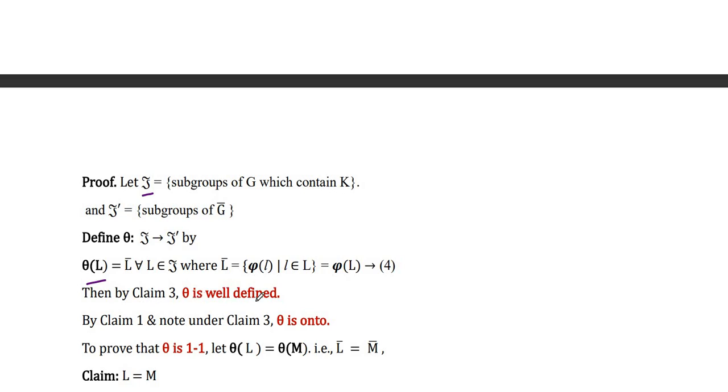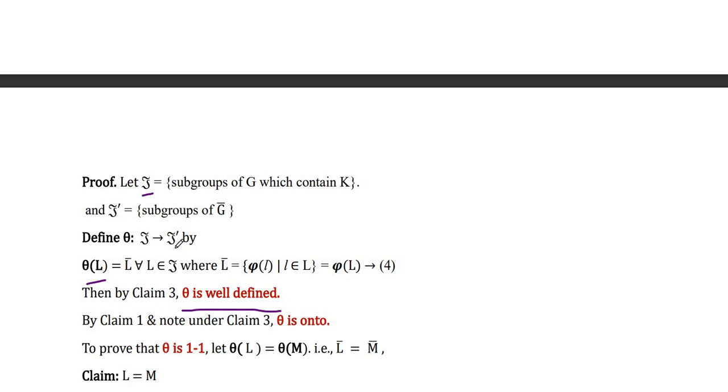So by claim 3, theta is well defined. In claim 3, we had that given a subgroup of G, correspondingly I can find a subgroup in G bar. In fact, even a normal subgroup means we can have that to be normal, but here it's enough that we have only a subgroup. So we have L to be a subgroup, so correspondingly I can have L bar to be a subgroup in this. So such a description is well defined, so we can simply conclude that theta is well defined. Now by claim 1 and note under claim 3, theta is onto. For onto, what does that require?